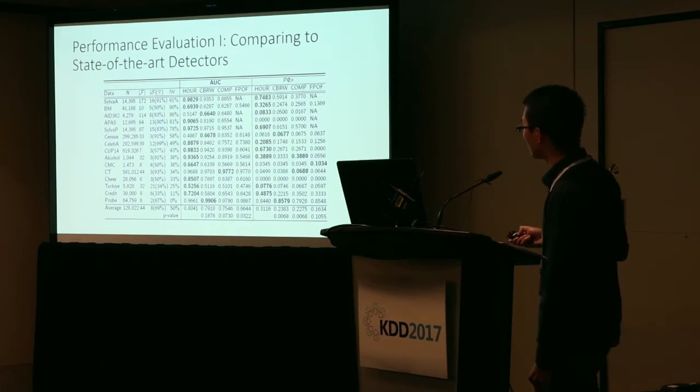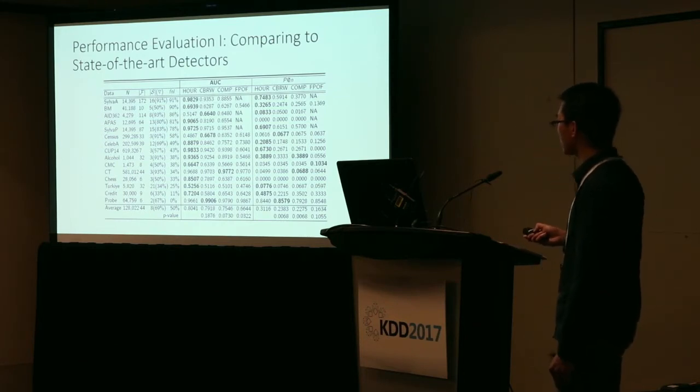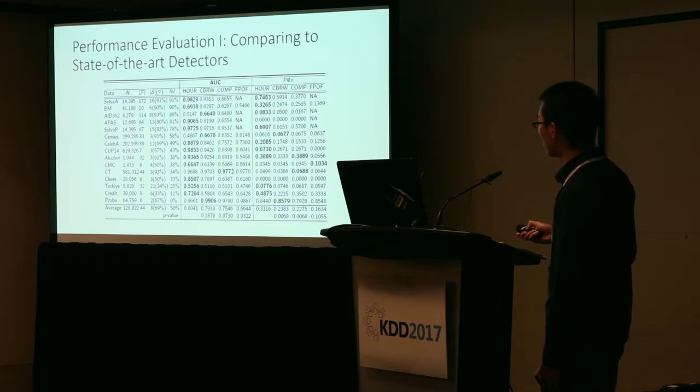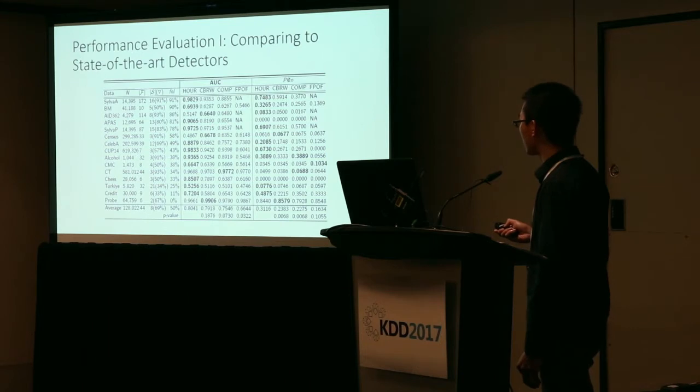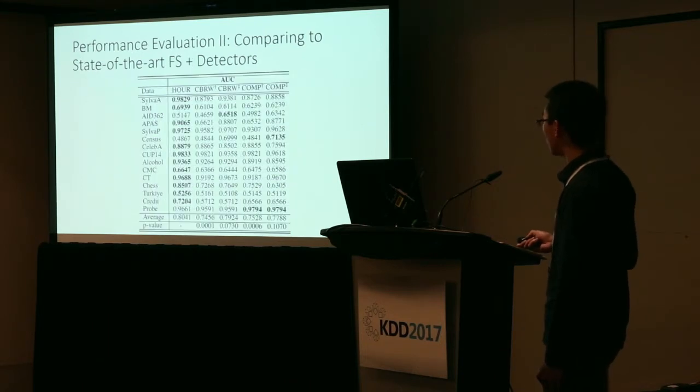We also use quite a lot of UCI datasets. This is the noise level, and this is the reduction rate we obtained. Again, we have very large feature reductions but very significant, substantial improvements over the existing state of the art, including our previous work.